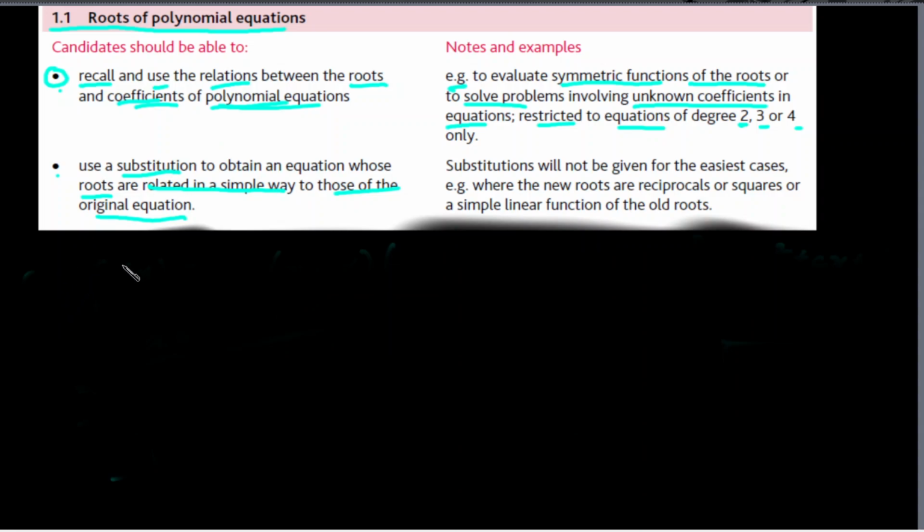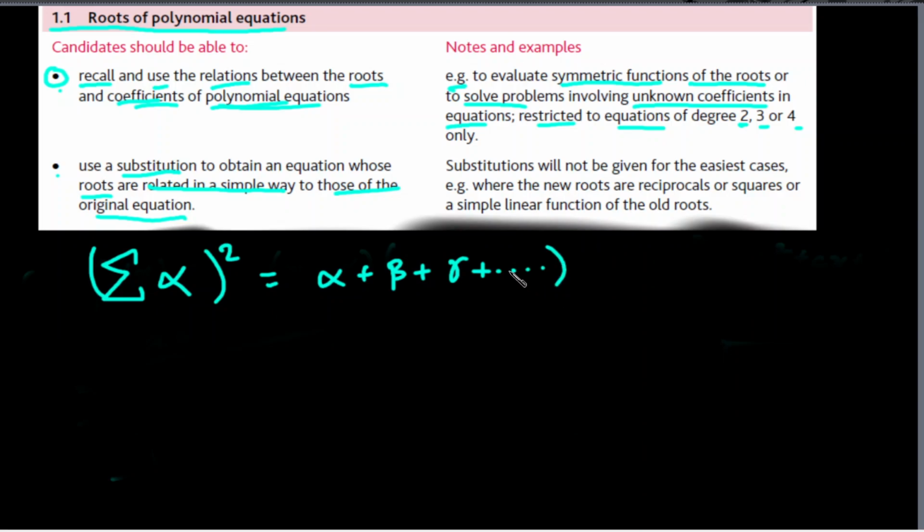One generic quality that they want you to know is this: the sum of roots for any polynomial, when you square it, is basically going to be alpha plus beta plus gamma plus so on, times alpha plus beta plus gamma, the whole thing, itself, because it's squared.